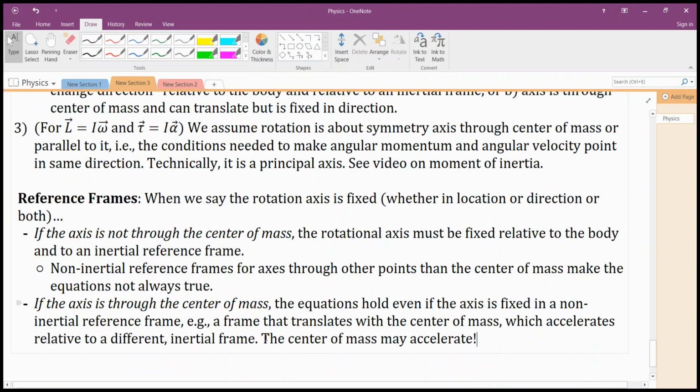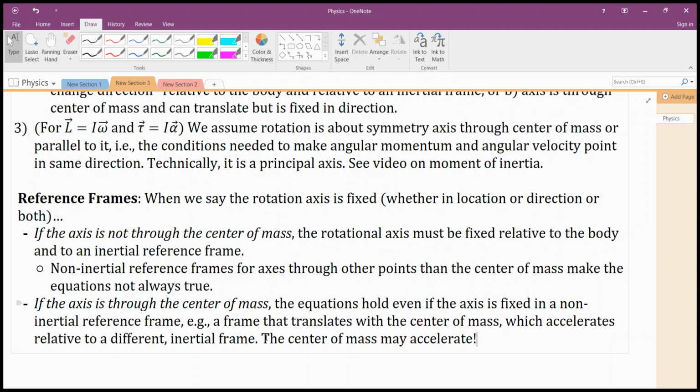If, however, the axis is through the center of mass, then the equations are true even if the axis is fixed in a non-inertial reference frame. So for an example, consider a frame that is translating with the center of mass, even though that frame accelerates relative to a different inertial reference frame. Then this reference frame that's translating with the center of mass is a non-inertial reference frame.